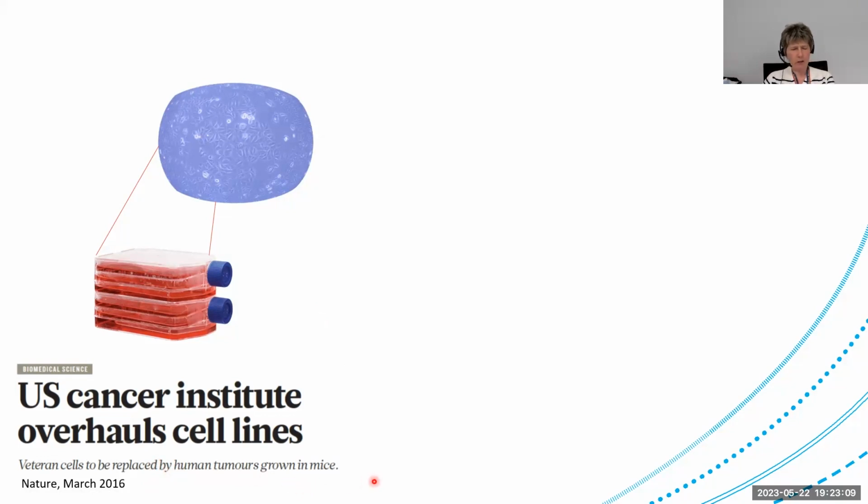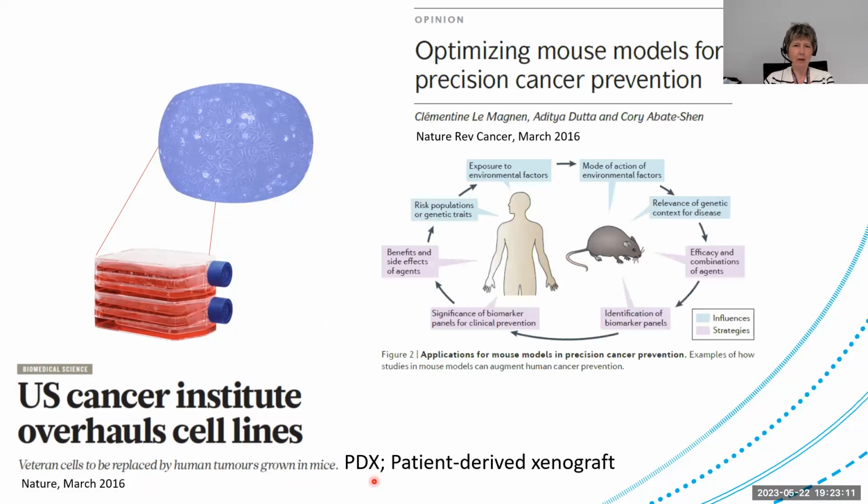So that was a little bit surprising to me, and this was an image from the paper. And they wanted to optimize mouse models for precision cancer prevention. And like I say, that was a little bit of a surprise to me. Why would you want to use mouse models as a precision medicine approach?